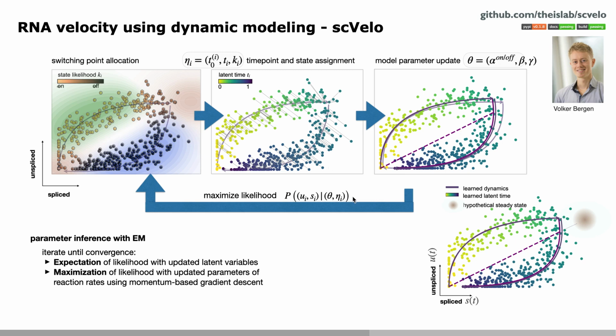The advantage of this model is that we don't have to assign some cells to the upper steady state, but we can actually determine a hypothetical steady state, which is not necessarily in the data. We use the dynamics of gene transcription being turned on and off to determine this hypothetical steady state.